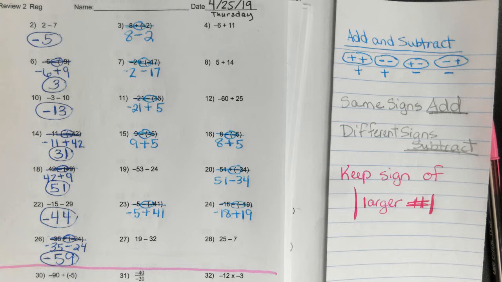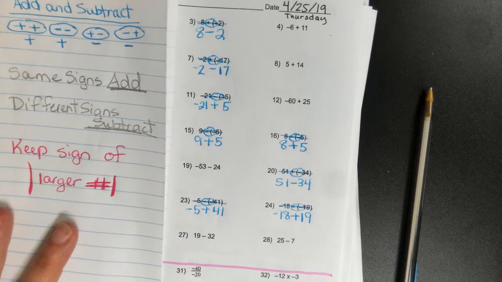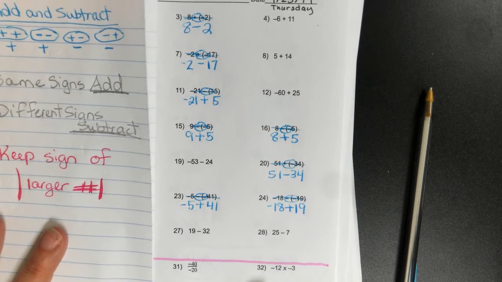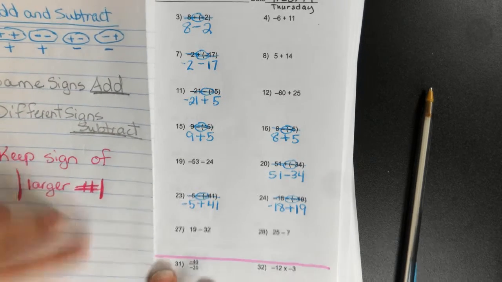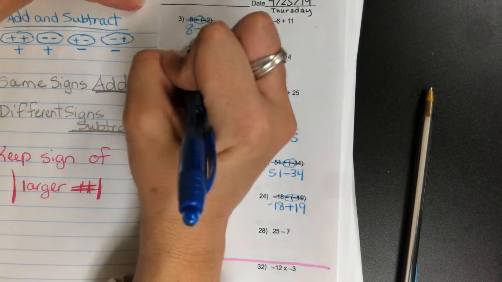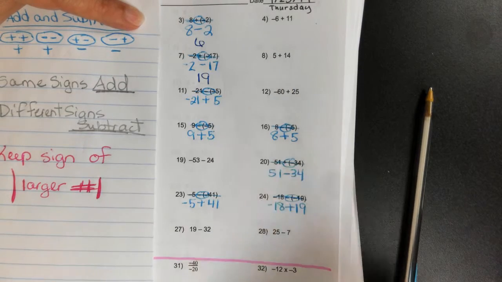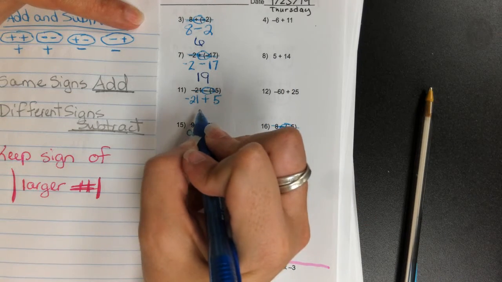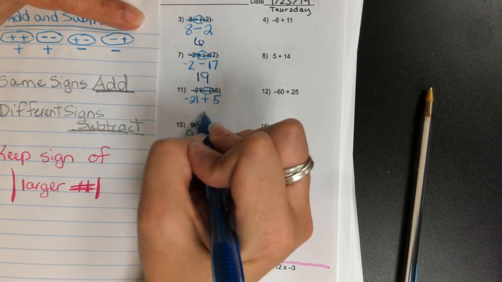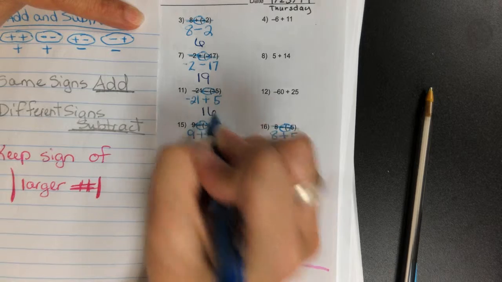Okay, step 2. Same signs add, different signs subtract. Here we go. Can y'all see? Yeah, you can see 3. Okay, so different signs subtract, same signs add, different signs subtract. Making sure I'm getting the right number.